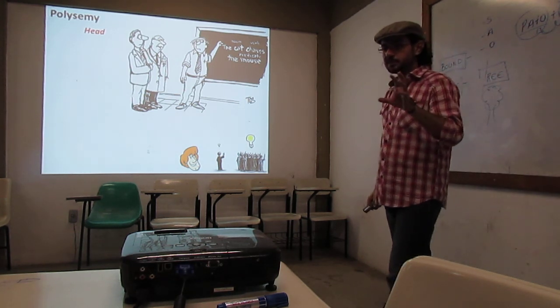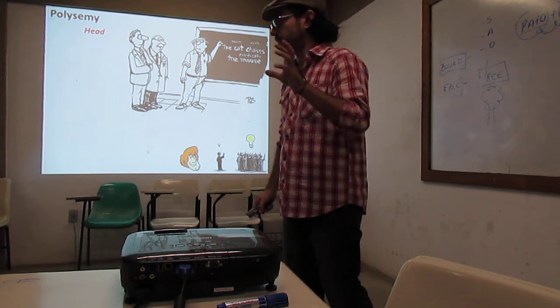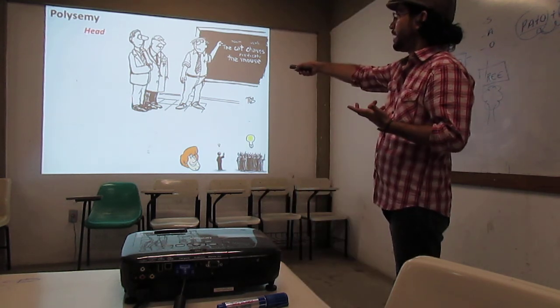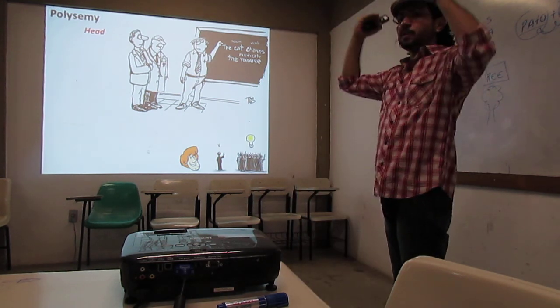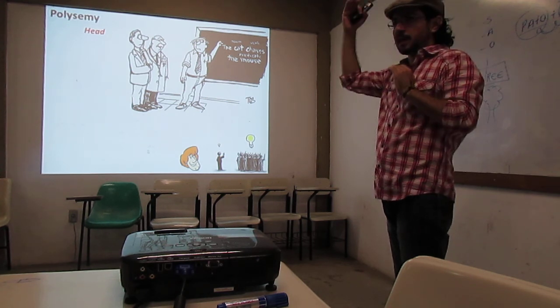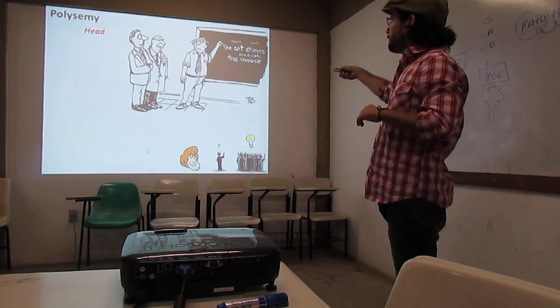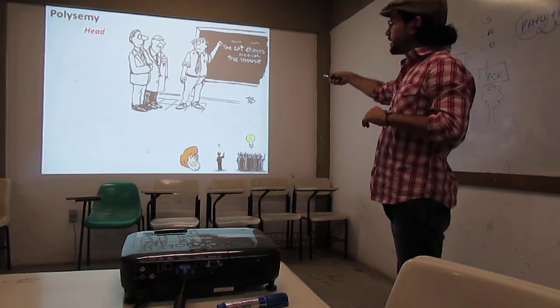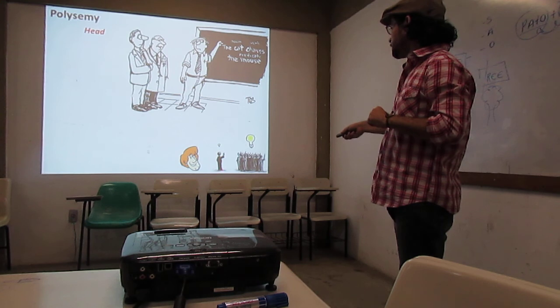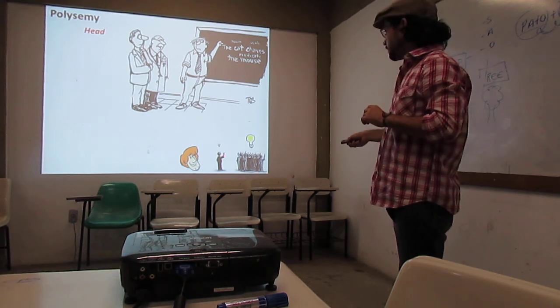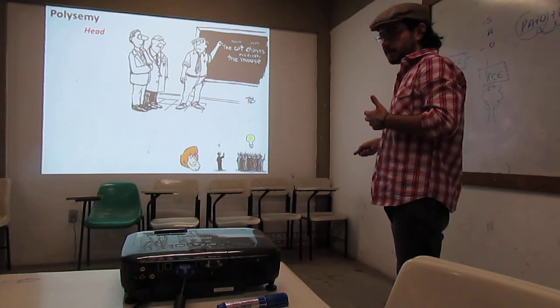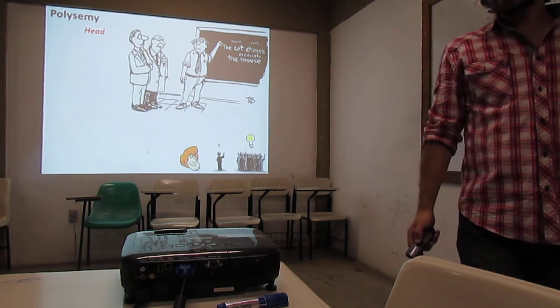So we can perceive that there are relations between this term, head, as a superior part, or the top of something. My head is the top of my body. The article is the top of the sentence, and this man is the top of the group, the most important person in the group. Okay? So, polysemy is like that.